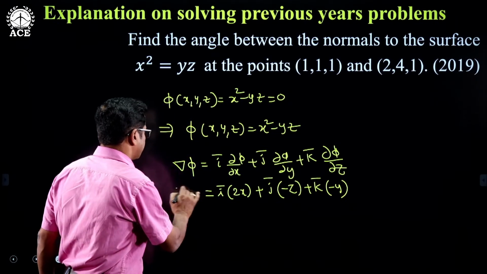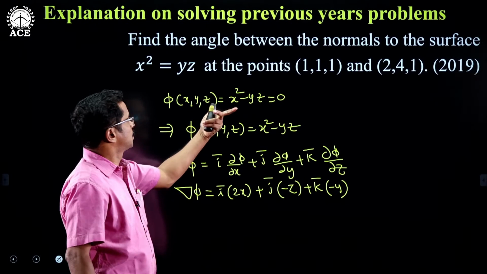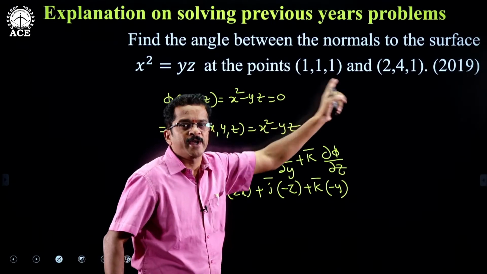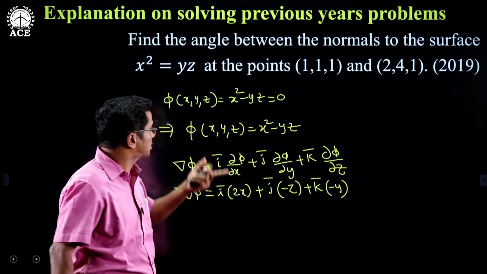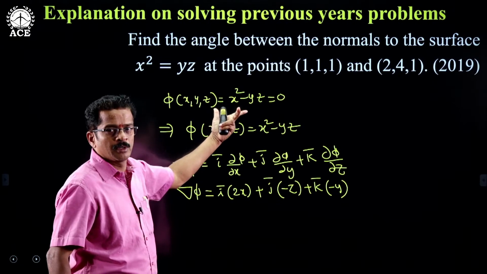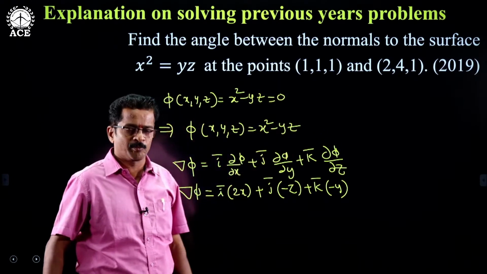So this is del phi, the normal vector to this surface. But corresponding to the points, you will get two normals to the given function at respective points.